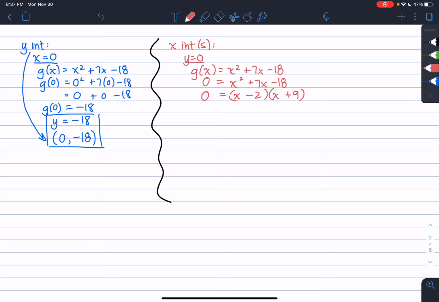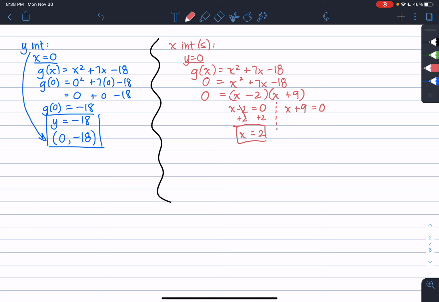Now I can set each factor equal to 0. So we get x minus 2 equals 0 on the left, and x plus 9 equals 0 on the right. On the left side, to solve for x, I'm going to add 2 to both sides, which means x equals positive 2.